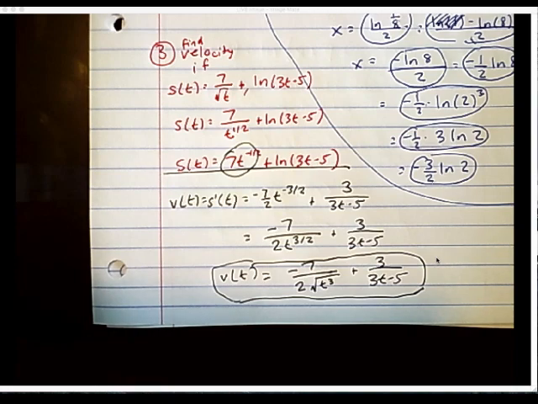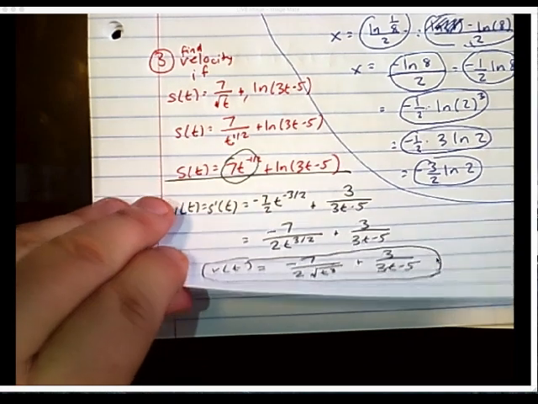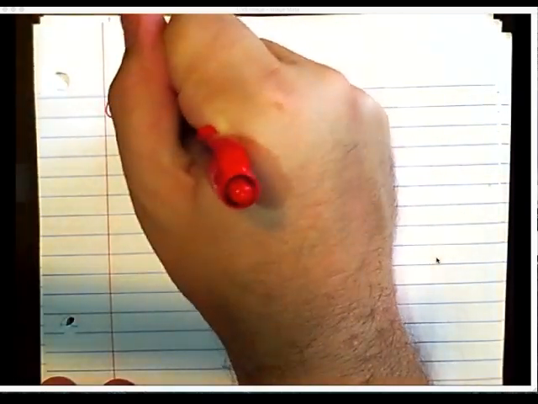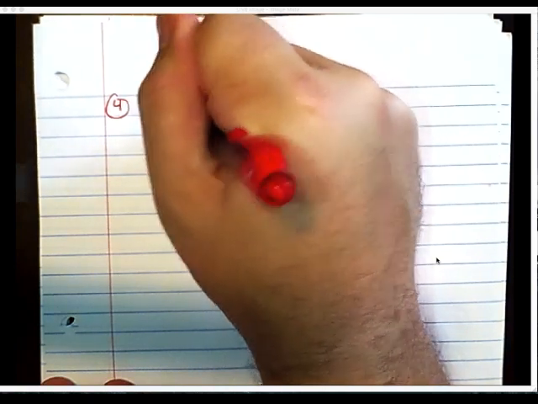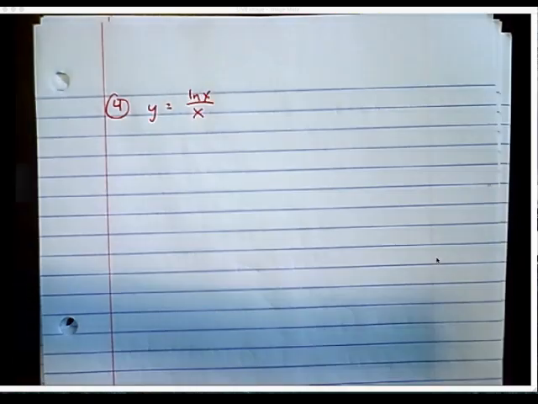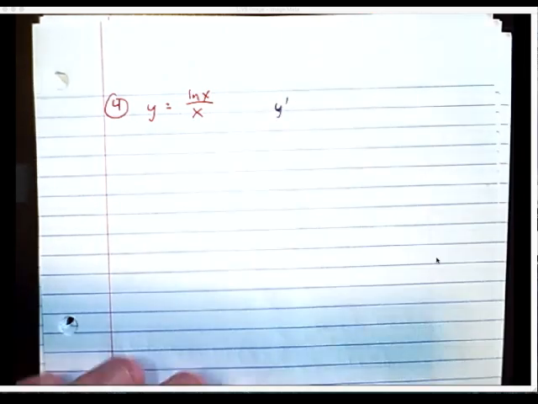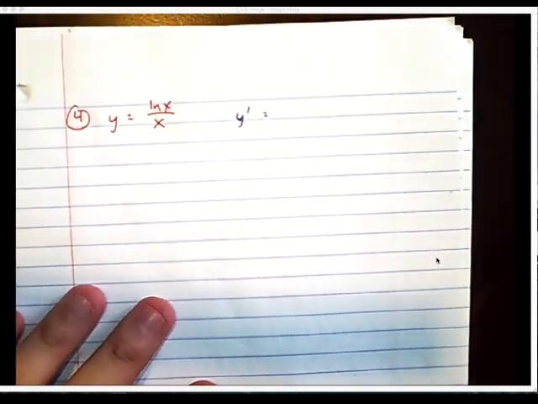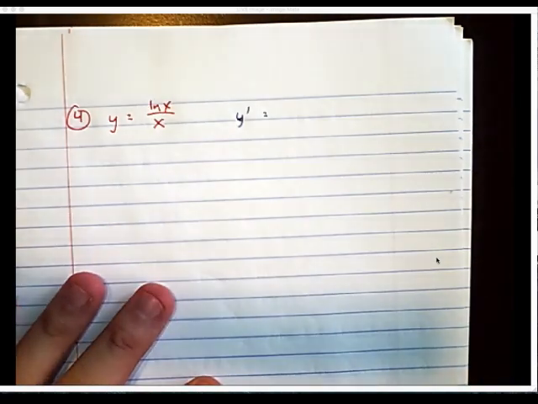Okay. Let's try the next one. Number 4 here. Says y equals natural log of x over x. All I'm trying to do is find y prime. So if you think about y prime here, y is a quotient, so I can use quotient rule.